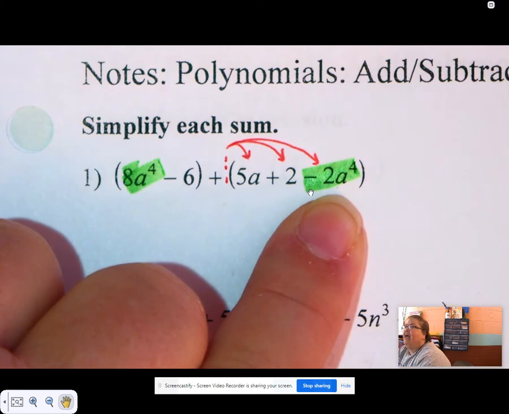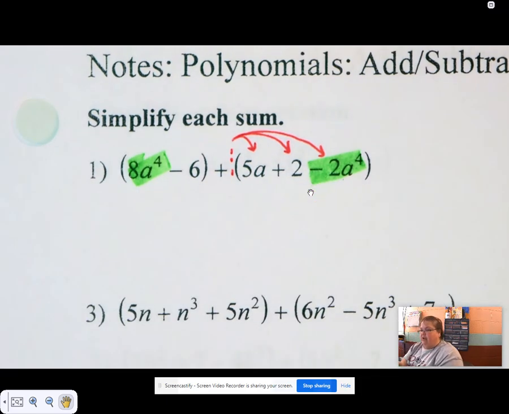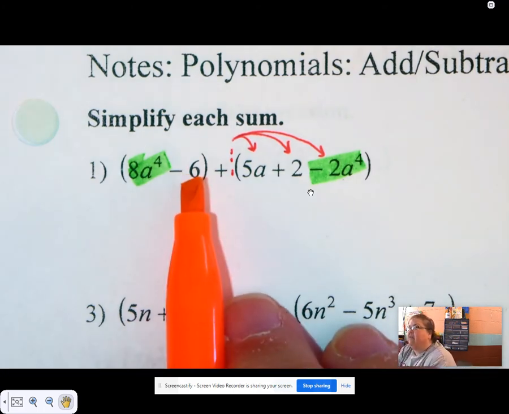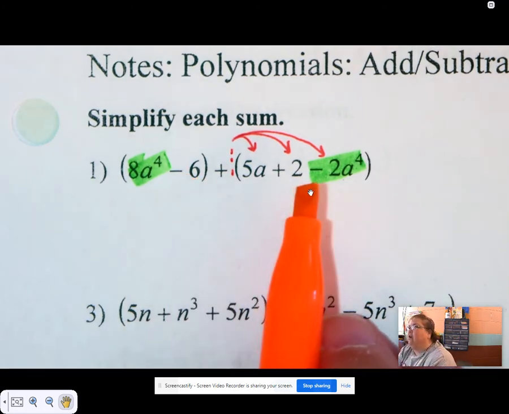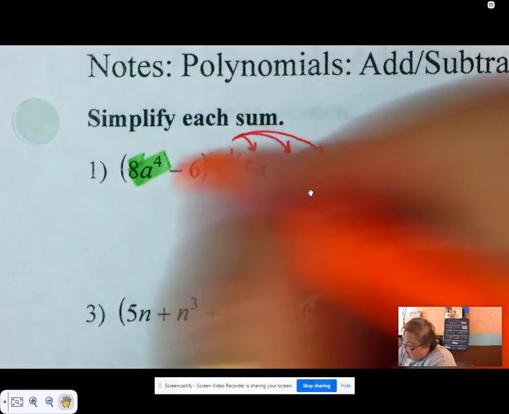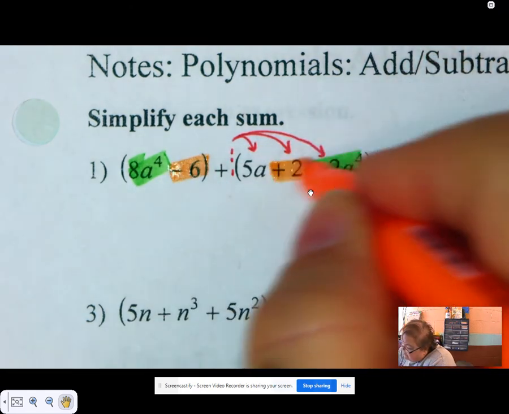So this is a negative 2a to the 4th or minus 2a to the 4th. So keep in mind those operations matter, okay? They become those signs. Now I have a constant of negative 6. Do I have another constant over here to combine with it? Yes, what is it? Positive 2.